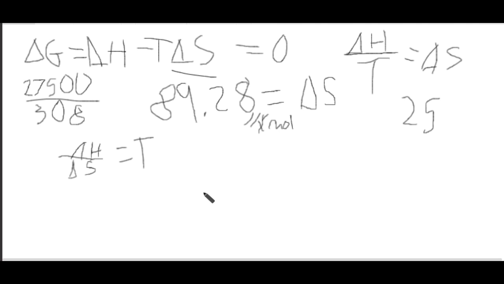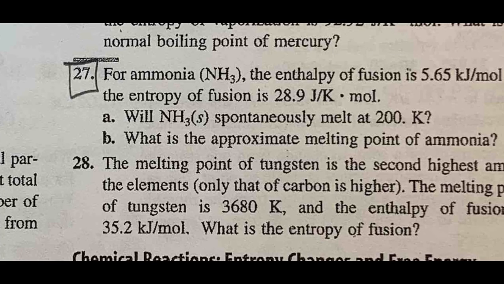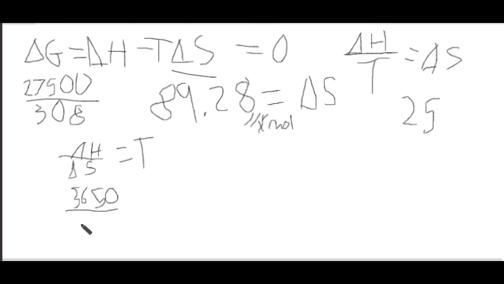Delta H in our case was 5,650. Yep, it's really hard to draw without your touchscreen. 5,650 over our entropy, which is 28.9.